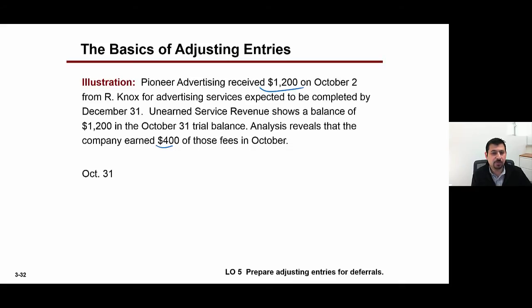So now what happened to the liability? The liability has decreased from $1,200 to $800. Basically, it has decreased by $400. And when liabilities decrease, we debit unearned service revenue, which is the liability, $400, and this is the amount that the company has earned as service revenue because they have already provided those services.